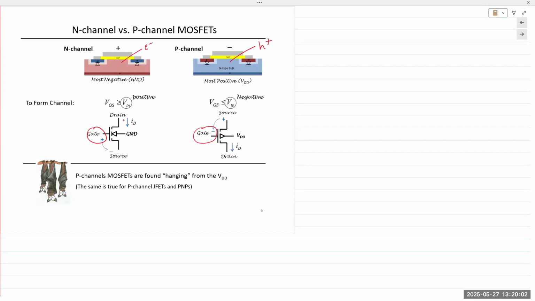So just by the laws of physics, just by the very nature of construction of the NMOS and the PMOS, NMOS are connected to the negative end, the ground, and PMOS, of course, are connected to VDD. And it just works out beautifully. And I like the meme that he had in here. PMOS transistors are found hanging from VDD.